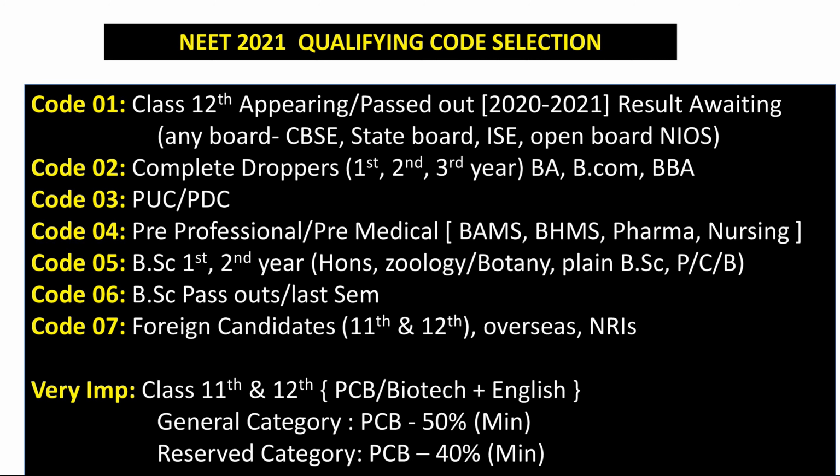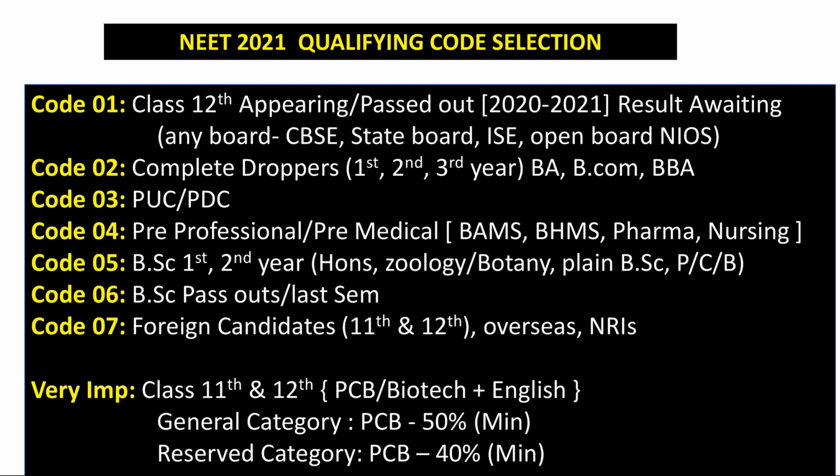For those students, whether foreign students, NRIs, or overseas, they have to opt for code 07. It's very important that you get clarity on these codes before you fill up your application form. Please pick the code as per your current situation or current standing in your studies.